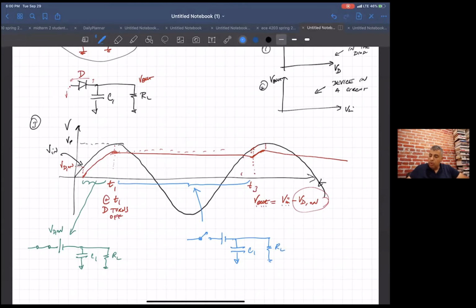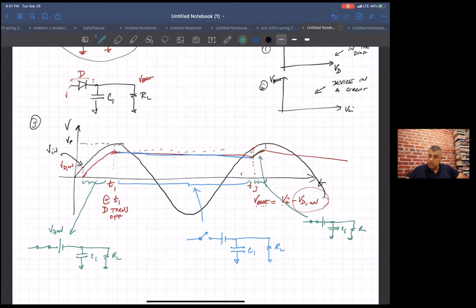For the whole time that you're in this light blue, you're just discharging because the diode is off. And then here, in green, for this very short period, the diode goes on and charges up the capacitor, and then it goes off again.